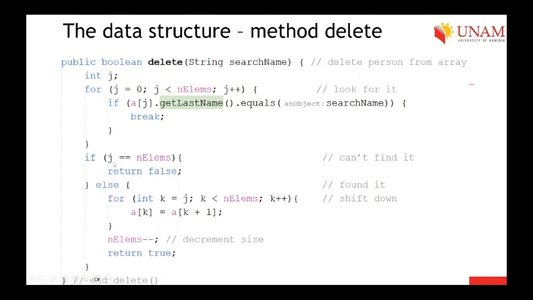And if your j index at this point is equal to the number of elements, you can return false because you didn't find what you were looking for. But if it is not equal to that, then you have to start shifting elements so that you can delete the element or overwrite the element that was at the found position j, and then reduce the number by 1, decrement the size. Then if you go all the way here, it means that you were able to delete and therefore you return true.